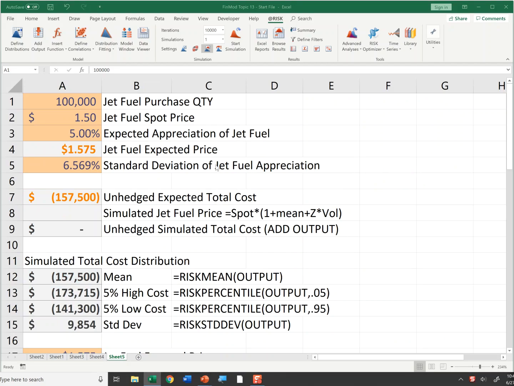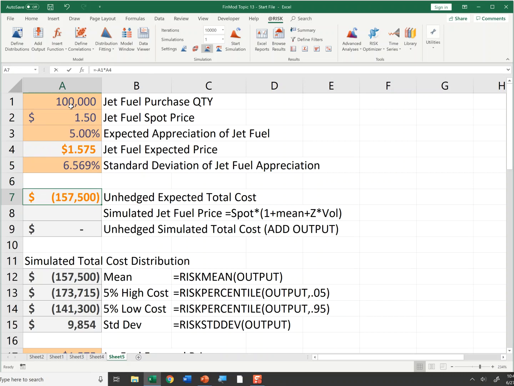So I want to go to the spreadsheet. Notice I have @Risk running. That's the add-in from Palisades. I have my inputs: 100,000 gallons of jet fuel. Spot price of jet fuel is $1.50. Expect to appreciate by 5%. I then have the jet fuel expected price of $1.575 next year, and a standard deviation I calculated at 6.569.